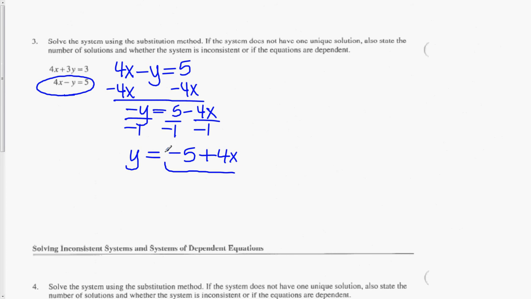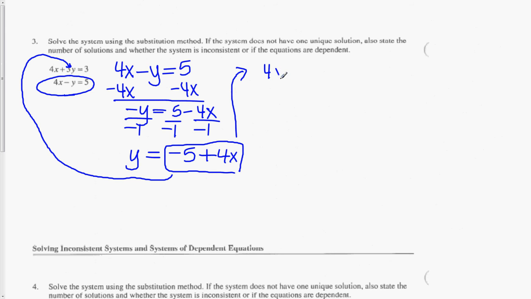Okay, so now I'm going to box this in. This time it's going to go in the top equation, because I used the bottom equation for this first step. So that's going to go in for the y in the first equation. So I'm going to have 4x plus 3 times (negative 5 plus 4x), this is what I'm substituting, equals 3.